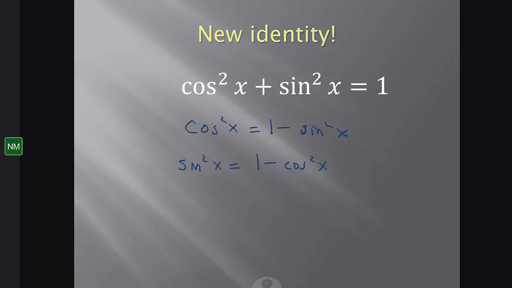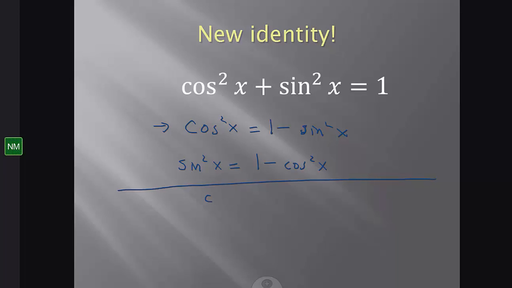Remember that the benefit of the identity is that it allows us to make a replacement in the problem that we're doing. By isolating for one of the pieces, I could then substitute in. If I happen to see a cosine squared x in the problem, then I could do a 1 minus sine squared x.